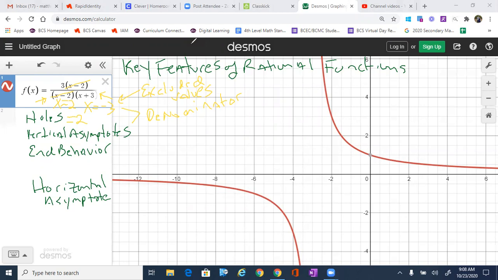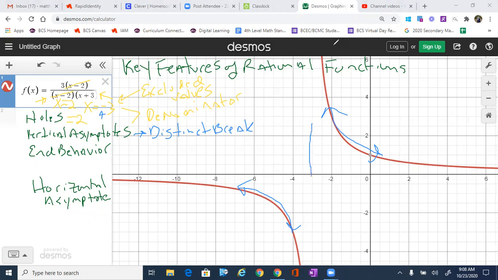Vertical asymptotes are an exact, distinct break in the graph. What you'll notice is there's a part of the graph here and there's a part of the graph here, and they do not connect. Well, that's also found in the denominator. So I have to go to this other value of x equals negative 3. Check it out.